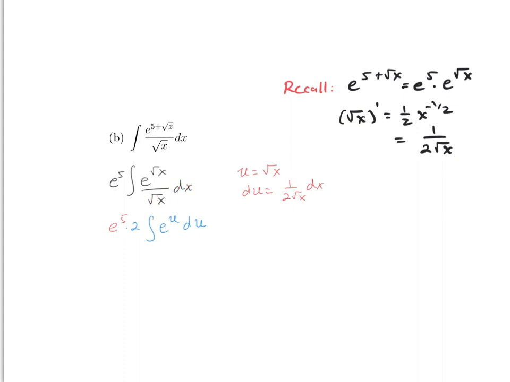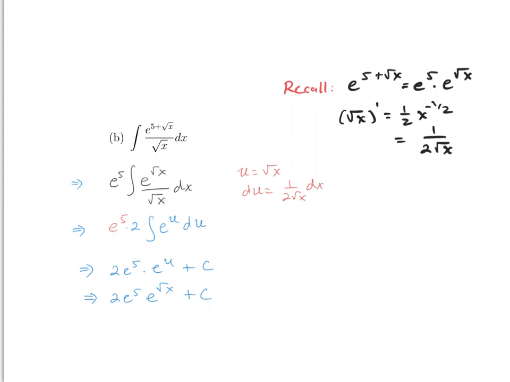So therefore, this will be 2 e to the 5, which is a constant, e to the u plus another constant. So this should be 2 e to the 5 e to the radical x plus c.